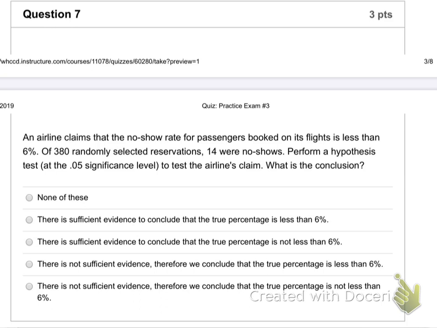Even I, as I was doing the key for this, had to write claim, H0, H1. If there was a way to skip it, obviously I've done a zillion of them, I would do it. But there isn't. You really need to do that. So claim, H0 and H1, you've got to write those so you know what's what and what the conclusion means. All right, so let me give you a second.